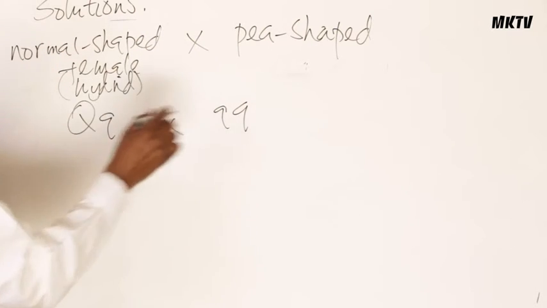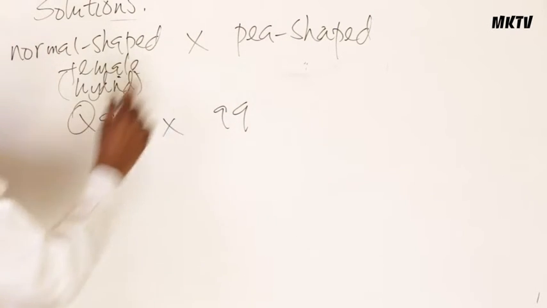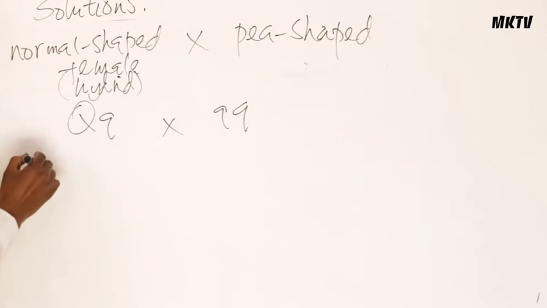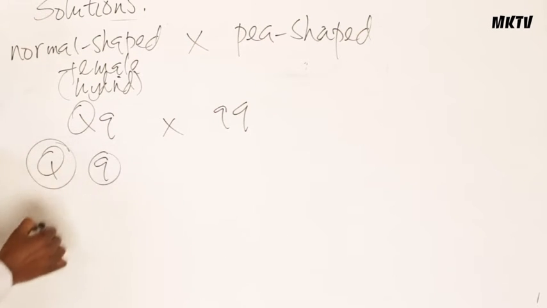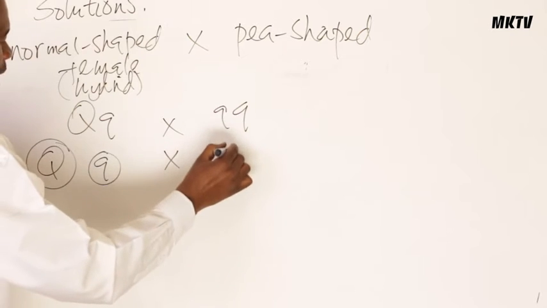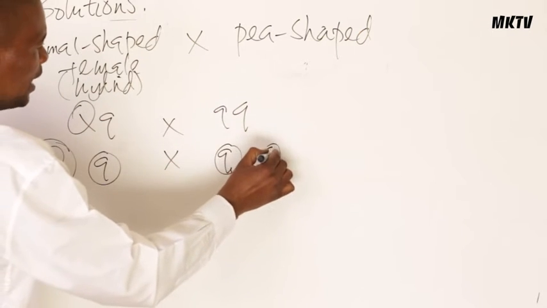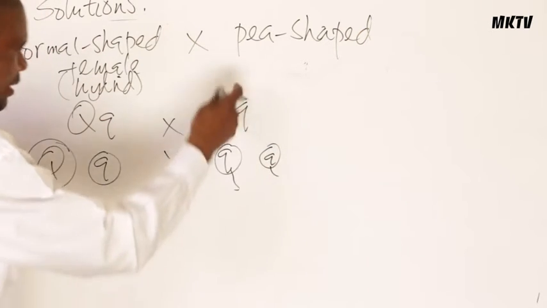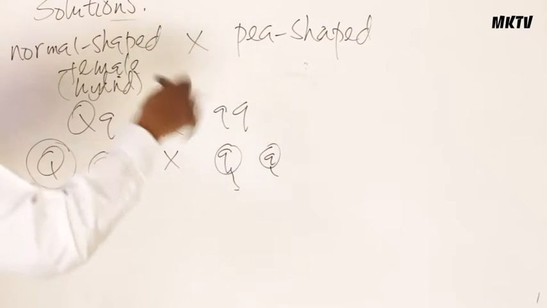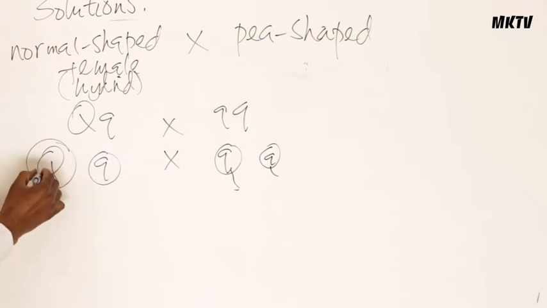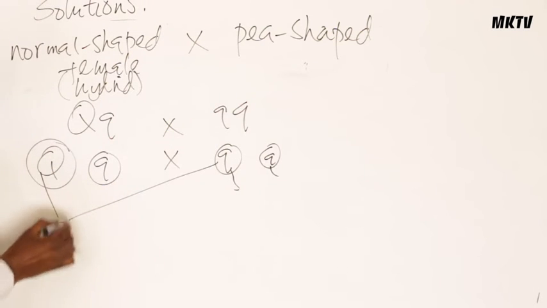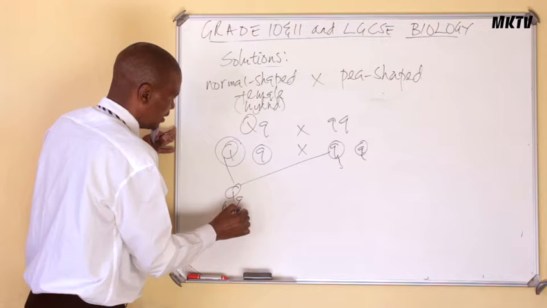Okay? So what do we say? Then, in this case, we shall have 2 types of eggs, and then we shall have 2 types of sperms. I said if I take one, it's fine. If they are similar, we can take one. But for practice, let's take both. Then that one crosses with that one. This is normal.